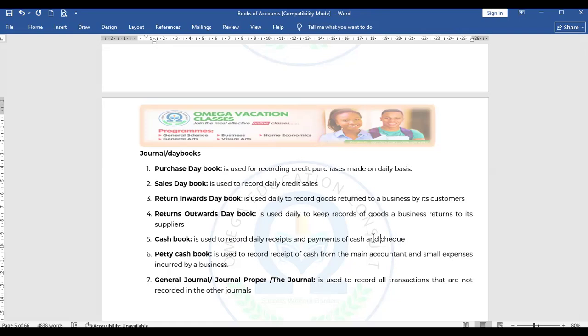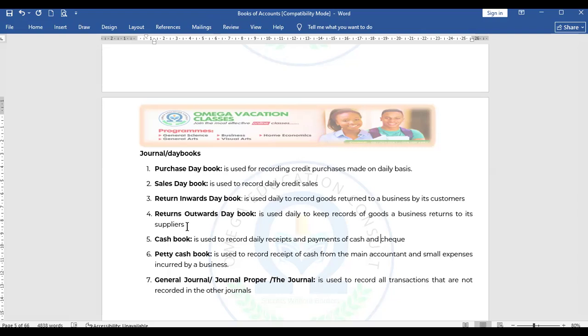We'll look at it in detail. And then the general journal, as I've indicated, is used to record all other transactions that cannot be recorded in the other 6 journals. Okay, so let's be clear on these functions and what these books are used for.